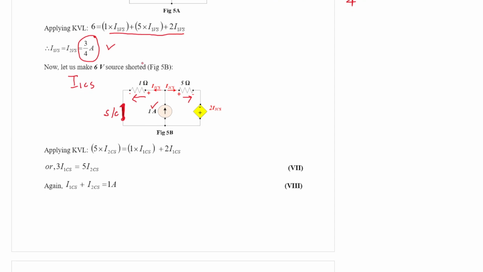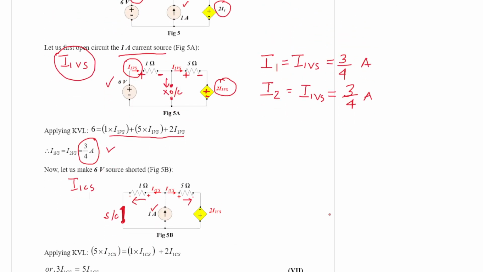Since this current direction is reversed with respect to the original diagram, the polarity of the dependent source is also reversed. If you want to write the KVL of the super mesh, because the 1 ampere source is present, these two meshes can be considered as a super mesh.